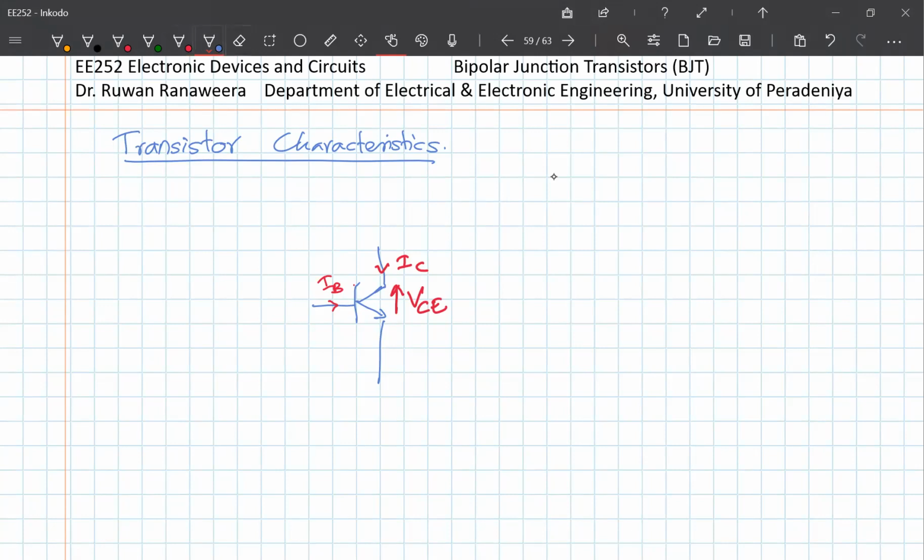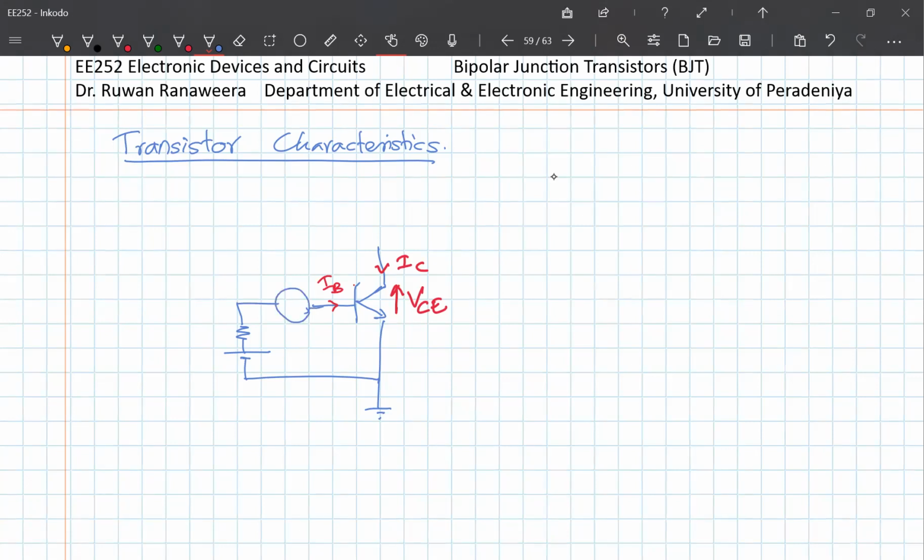To control the base current, I'm going to connect a variable DC voltage source to the circuit, and measure the current through it using an ammeter.